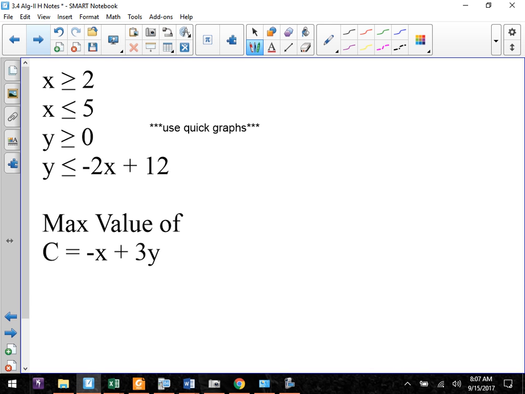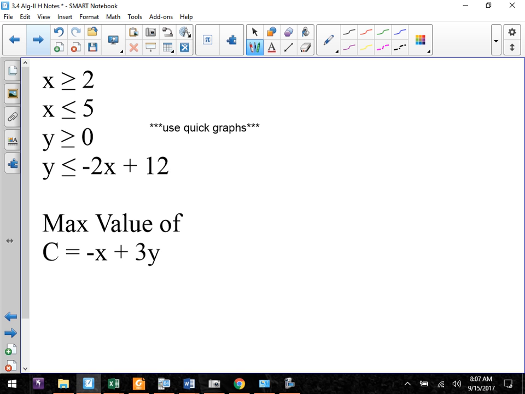All right, so we have the following constraints. We have x is greater than or equal to 2, x is less than or equal to 5, y is greater than or equal to 0, and y is less than or equal to negative 2x plus 12. Now, there's a couple of ways you can go about doing this. Obviously, we're not using graph paper, so we're just going to fudge our graph as we go through. So let's do this.